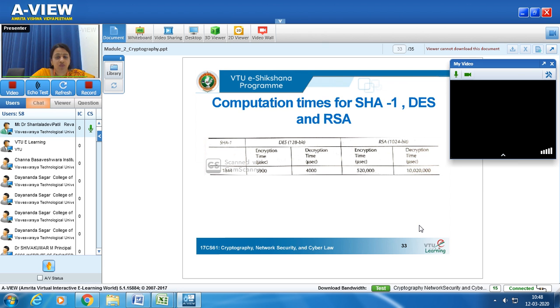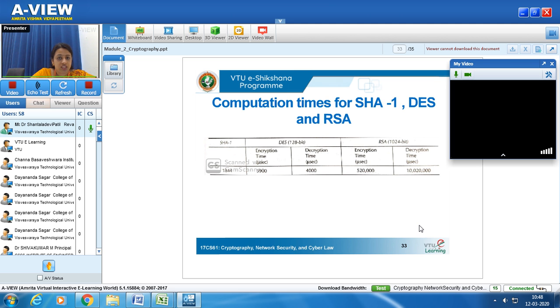Computation time required for the SHA1 algorithm as compared to DES, an encryption algorithm, and then RSA. In case of SHA1, we see that the time taken is around 1844 microseconds. DES has an input of 128 bits, and RSA an input of 1024 bits.